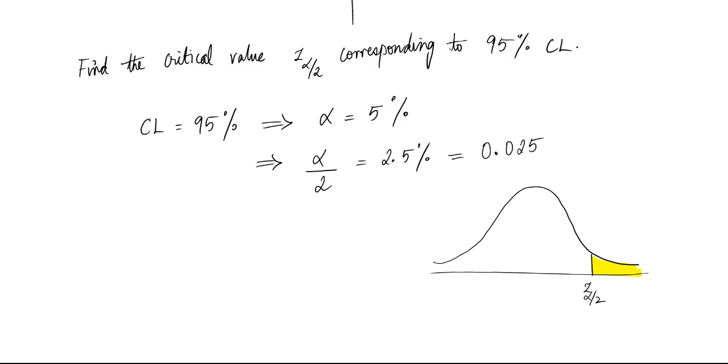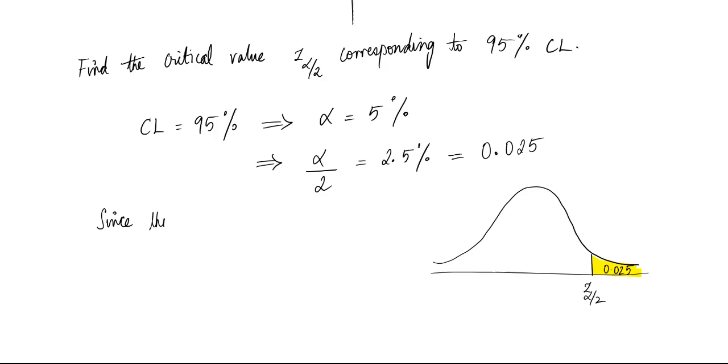So this is the area that measures to be 0.025, right? But if you are using table or technology, it is automatically going to give you the cumulative area from the left, right? So it will give you the cumulative area from the left, for which you have to do 1 minus 0.025. Okay?